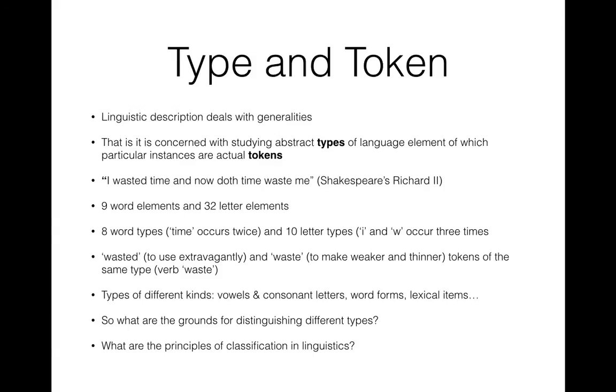Or maybe you can have I will waste. You can have different tenses. So the root, or what is called the type, is the main verb. But in manifestations in everyday life, in communication, we can put the verb waste in the past participle, in a gerund, or in the future. Those are tokens.